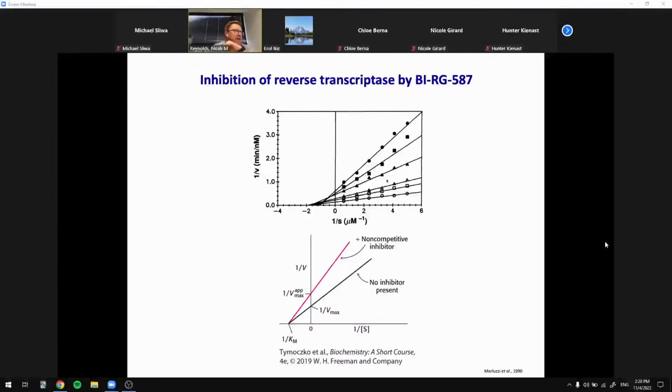That's exactly right. Each one of these lines is increasing as they did a series of reactions, right? This is increasing inhibitor. So as you get more inhibitor, you get more inhibition. So you get the most significant change in Vmax.